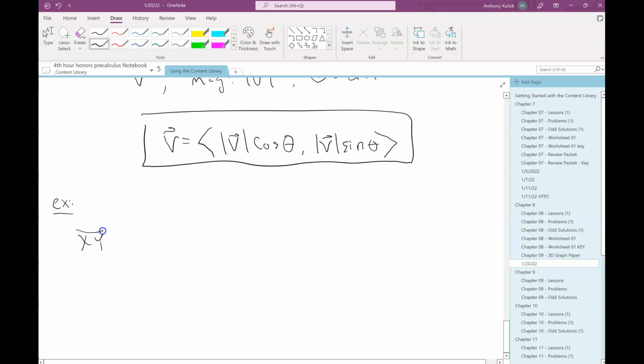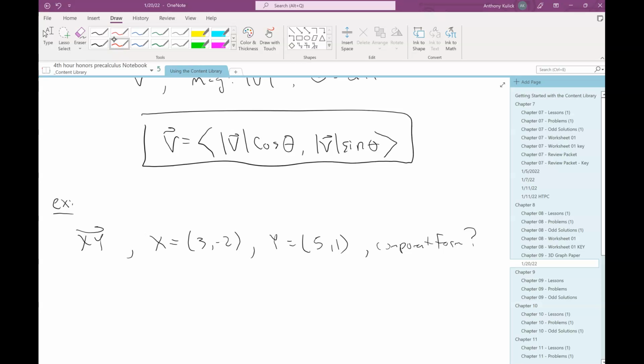Okay. So let's say we have the vector xy, where x is the point 3, -2, and y is the point 5, 1. And I want the component form. So that's pretty easy.